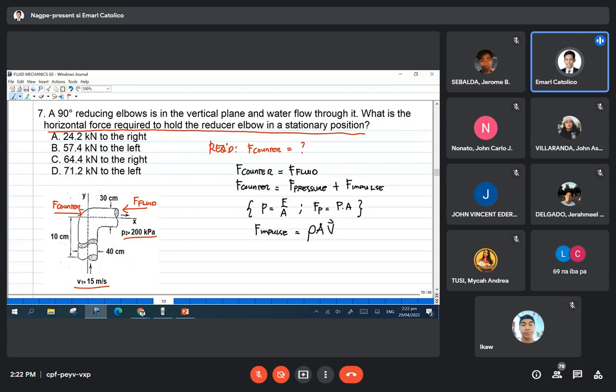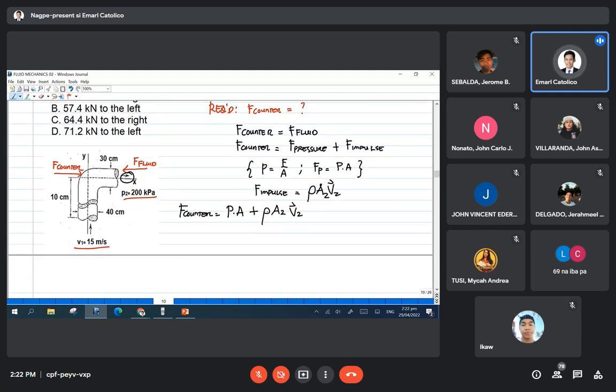So, ano yung impulse na i-consider natin? Siyempre, dun sa exit. Diyan may impulse. So, area 2 times velocity 2. Okay. Therefore, force counter is equals to pressure times area plus density times area 2, velocity 2.